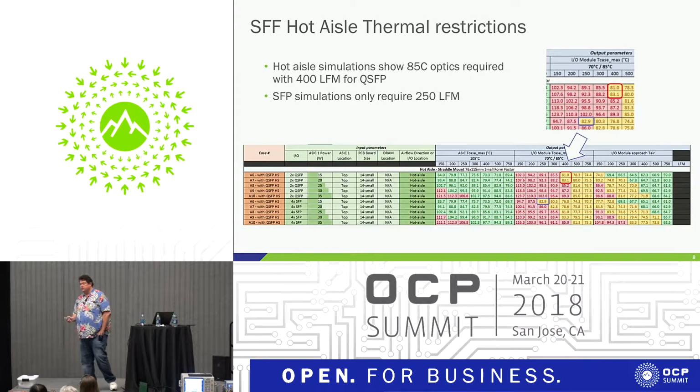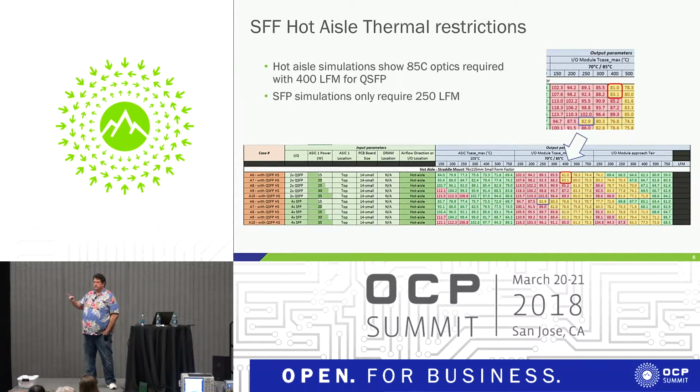From simulation mainly, but we also have done some thermal test boards, which are using the TimberCon loopbacks and some heaters. We've got some areas that we know we're going to have problems or need extended temperature optics.